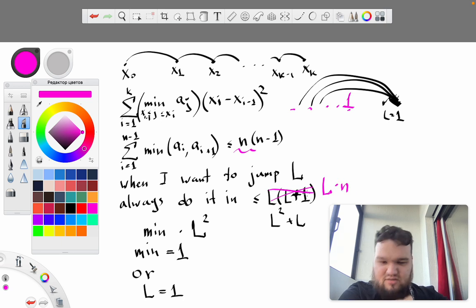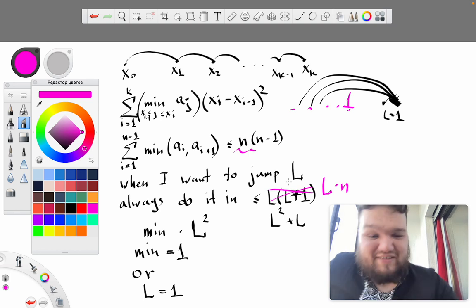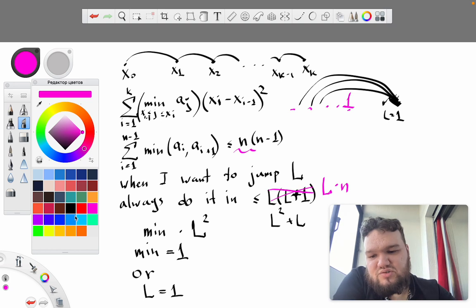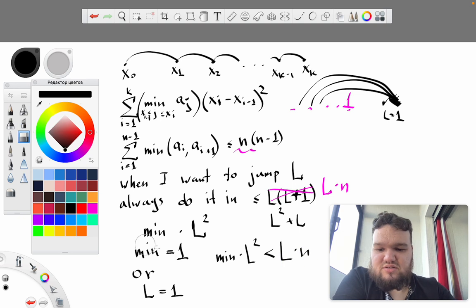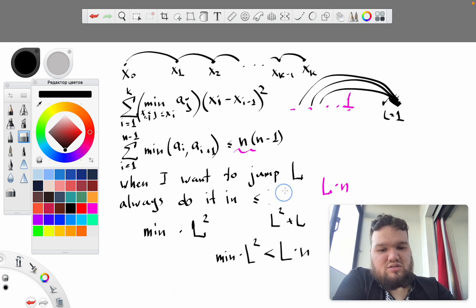Okay, good catch. So it makes sense to make this jump only if min times L squared is less than L times n. So this is not correct.